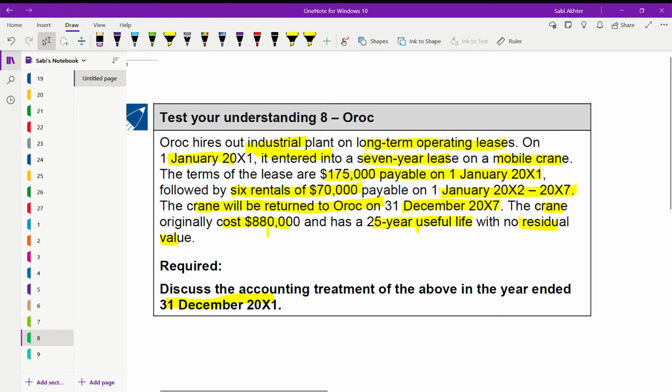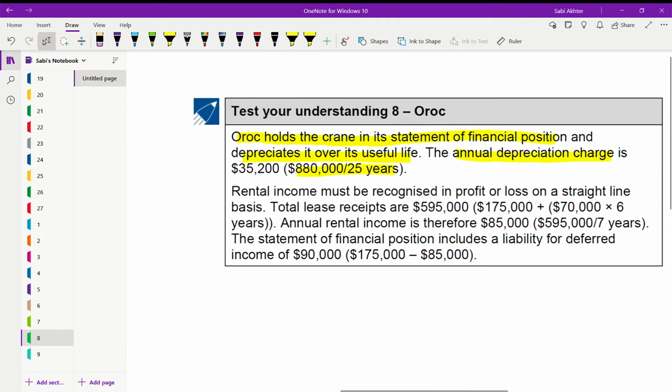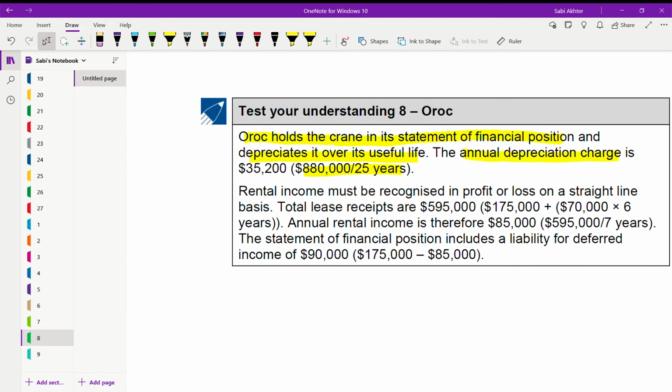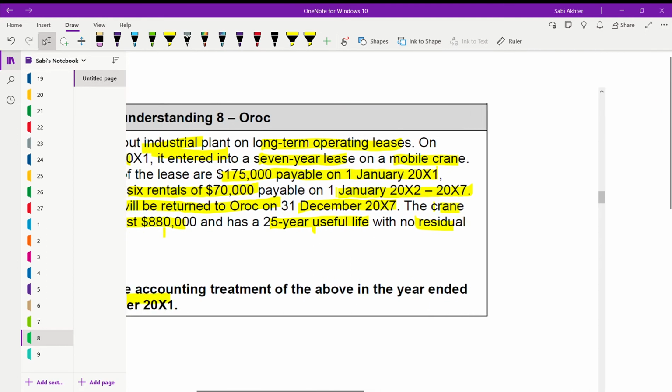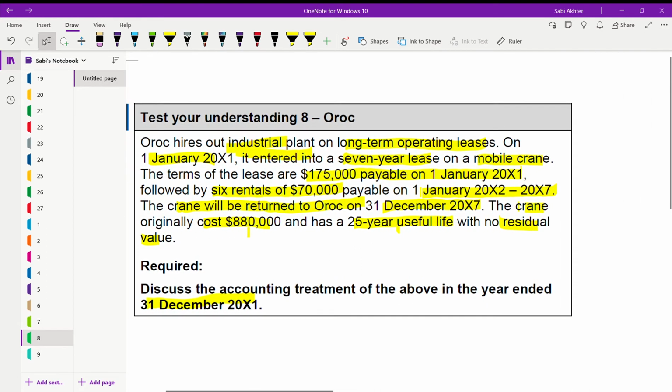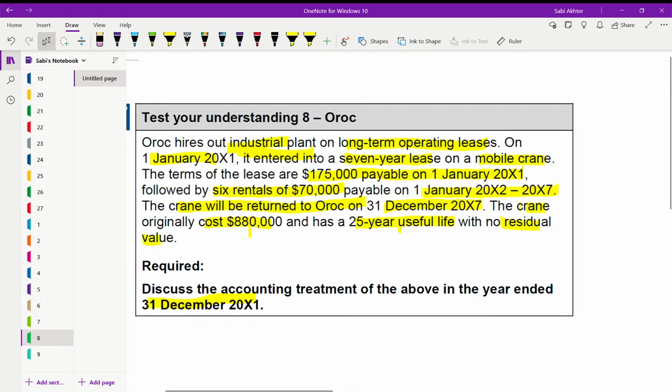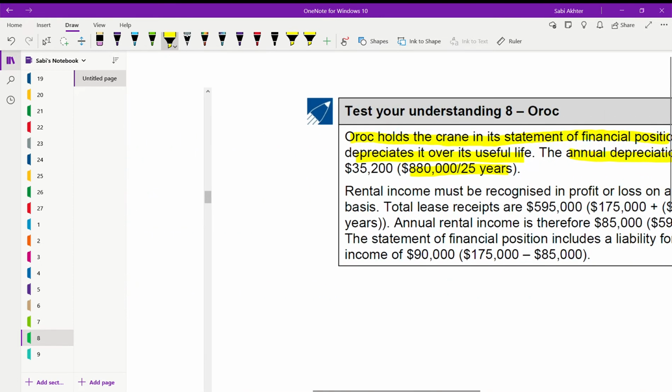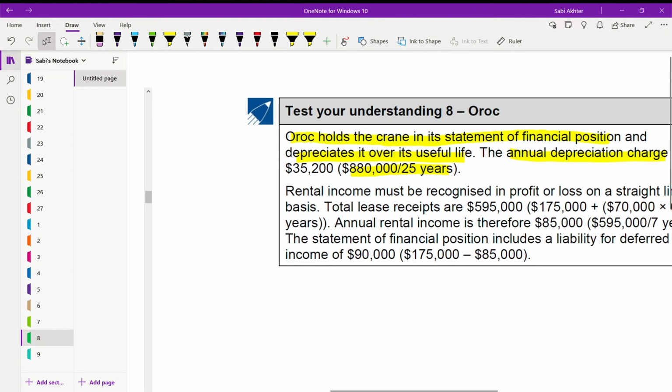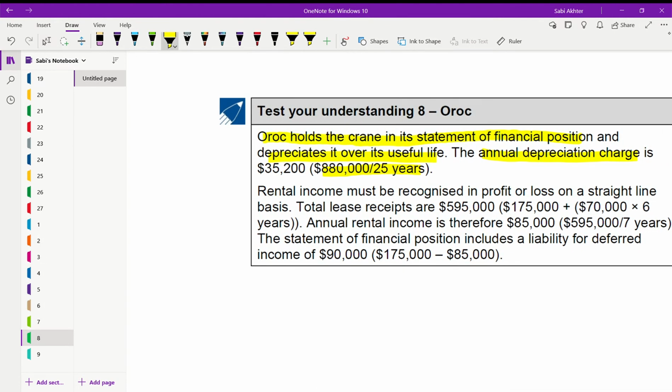See, the crane will be returned to OROC on 31st December 2007. So whether now or at the end, the asset is OROC's asset only. So it has to recognize it in the statement of financial position and depreciate it over its useful life. 880 divided by 25, so the annual depreciation is this one.